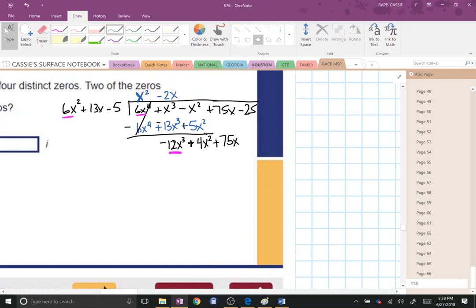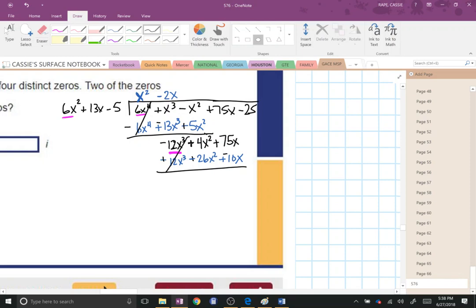Okay, so I'm going to get negative 12x to the third power minus 26x squared, right? And then plus 10x. And like I said before, draw the line, change all the signs.